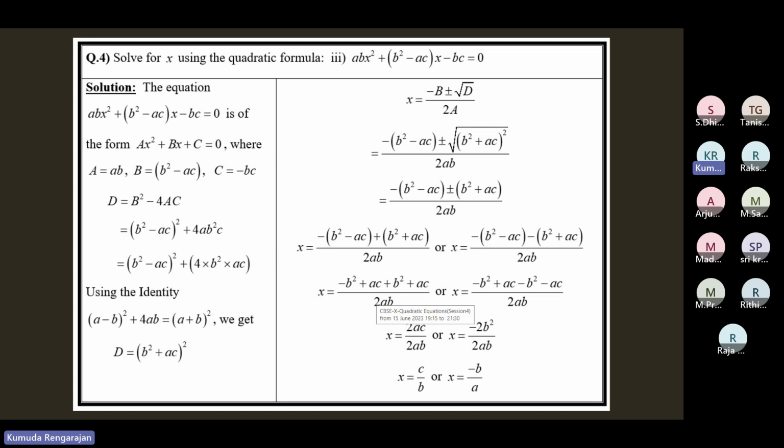That will come in most places. Once you find D, if D is a perfect square, be happy that you're right. Then write the formula, substitute, and that's it.